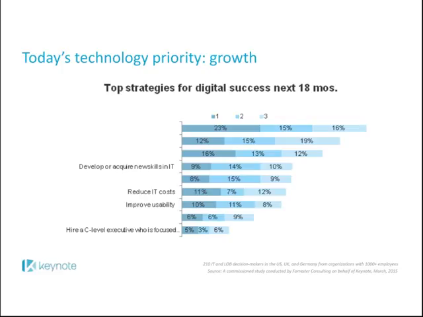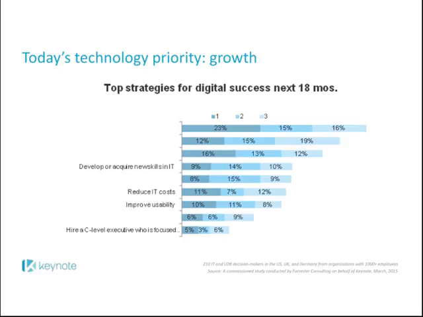And in terms of the strategies for delivering digitally, we recently partnered with a company called Forrester Research to do a study to ask folks, oh shoot, it's not showing up very well here on the slide, unfortunately, but to ask folks what their top digital strategies are for success over the course of the next 18 months or so. And unfortunately, you can't see all of the various responses here, so I'm going to read out just a few of them.